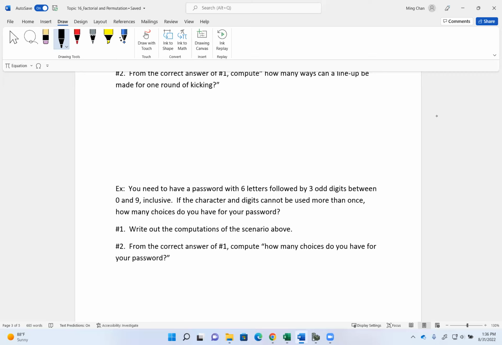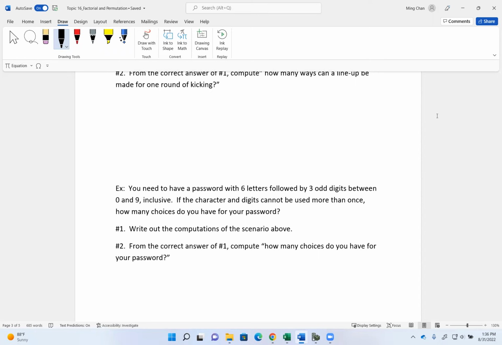All right, let's say you need to have a password with 6 letters followed by 3 odd digits between 0 to 9 inclusive. If the character and digit cannot be used more than once, okay, so that's very similar to the permutation we just dealt with, right? The digit cannot be used more than once.